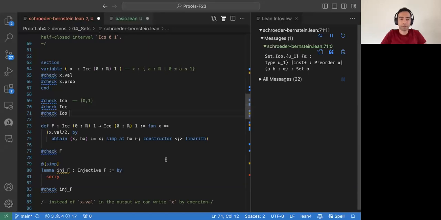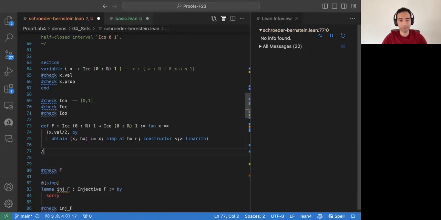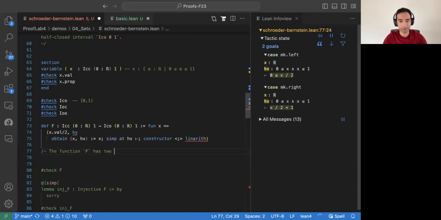You can just guess. I mean, it doesn't have to be correct. So if there is no suggestion, I'm going to ask maybe Copilot to tell me why function f has two parts. So let's see. The function f has two parts because, and let's see what it says.